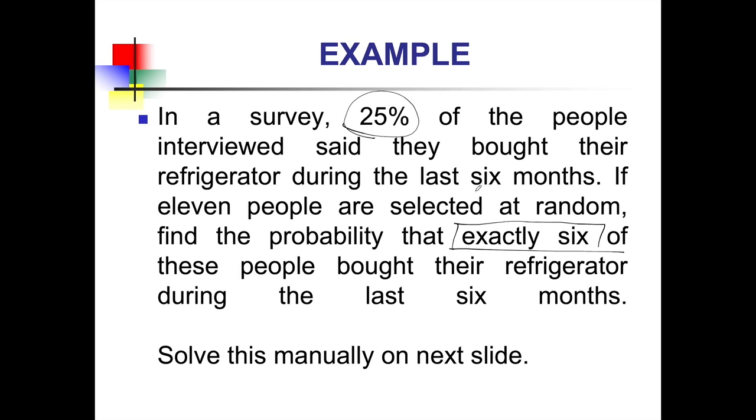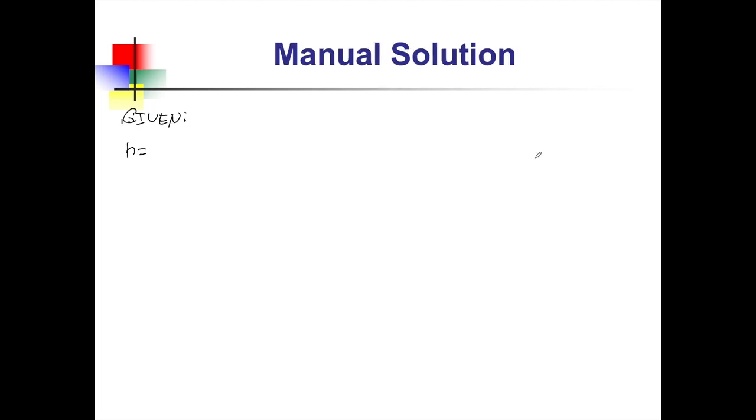Before having the letter n, let's write this 25% first. Since they said yes, that they bought their refrigerator in the last 6 months, that will be the value of our P. 25%, or this is equivalent to 0.25. Okay? Next.